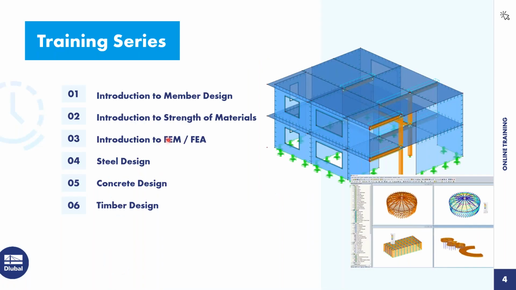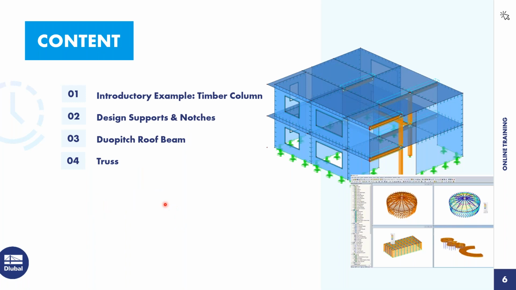So, training series RFEM 6 for students. Today, the last part, timber design. What you can expect today is that we go through a kind of introductory example. So we will model and design a timber column.